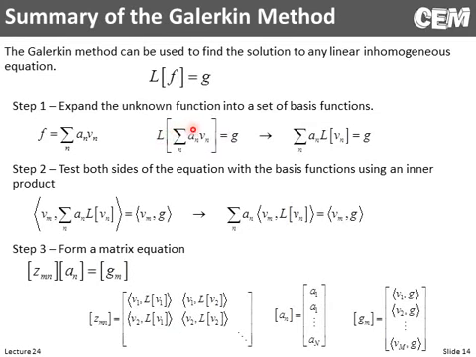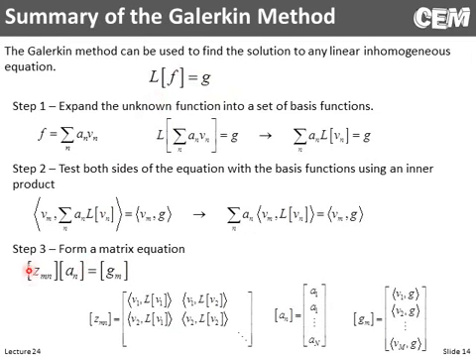We also bring this constant to the outside of the linear operation, and this is our final step after step 1. Then we take the inner product of both sides, comparing it again to our set of basis functions, and now this can be rearranged, and we have our final form, and this is what we use to convert to the matrix form. So the final step, step 3, is writing our original linear equation in matrix form.